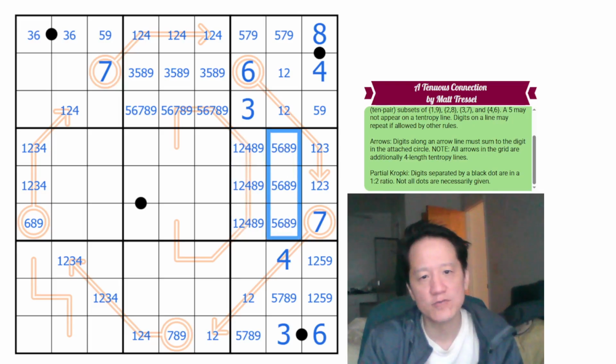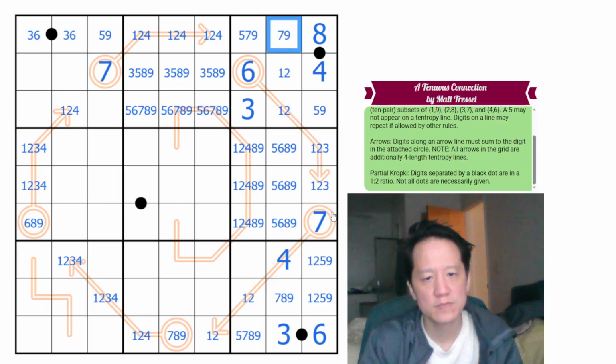So 5 is one of these 3. Which means this can't be 5 and this can't be 5. And 6 cannot be here. 3, 6, and 7 are not here. 5 can't be here, so it's 4 is here. And then 1 out of 1, 2, and 1 out of 8 and 9.